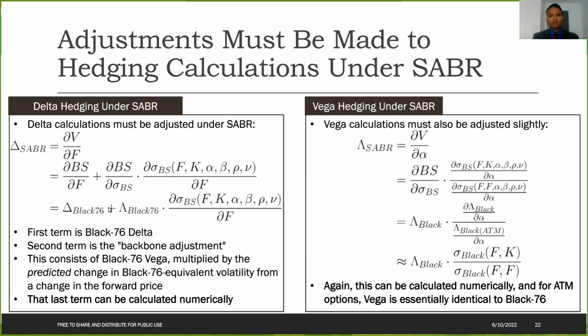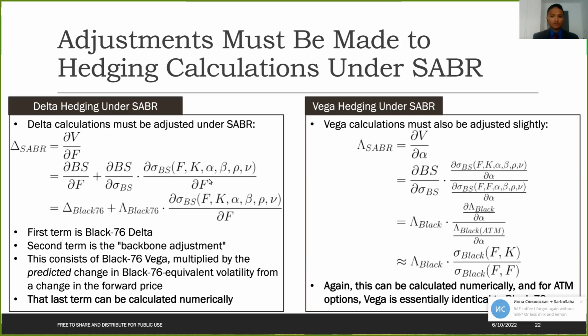You see that the delta component under S-SABR is the same as Black 76, and then you have this Vega component multiplied by the predicted change in the volatility, the Black 76 equivalent volatility, due to a bump in the forward rate. This piece you can implement numerically.